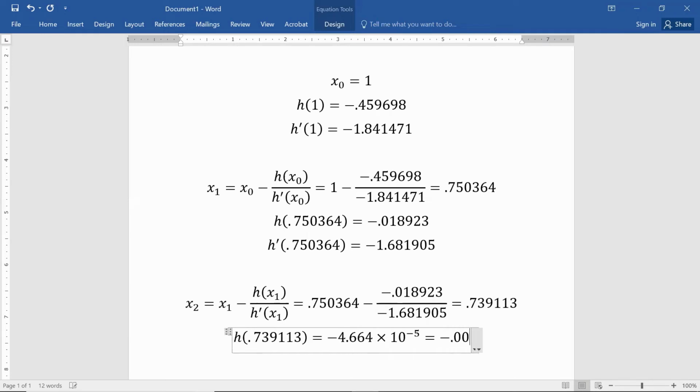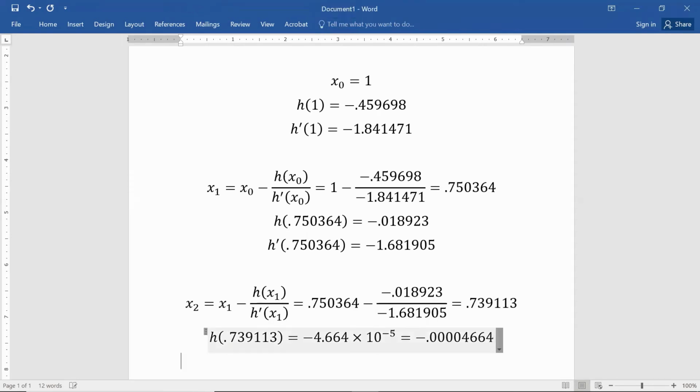That's a very, very small number. As far as the derivative goes, when you plug in 0.739113, you end up with a negative 1.6736.